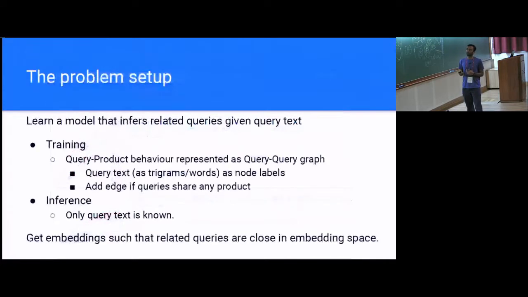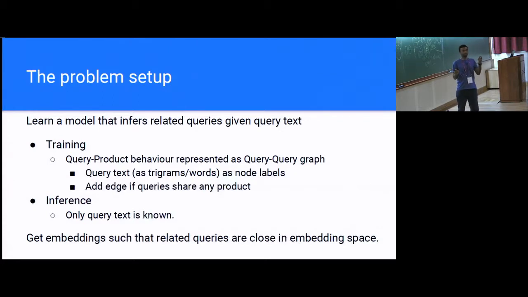More formally, the problem is that you want to learn a model that infers related queries given a new test query text. While training, you'll have access to query product behavior, which you use to get a query graph.